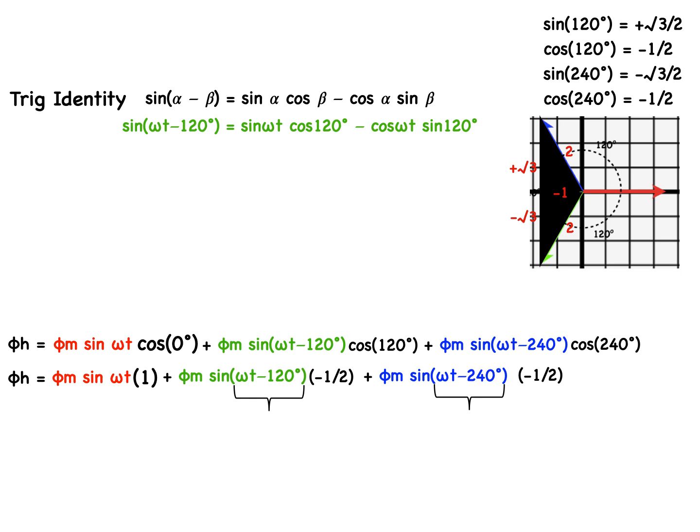Sine omega t minus 120 degrees can be rewritten as sine omega t cos 120 degrees minus cos omega t sine 120 degrees, which can be rewritten as sine omega t times minus 1/2 minus cos omega t times root 3 all over 2, which again can be rewritten as minus 1/2 sine omega t minus root 3 all over 2 cos omega t.